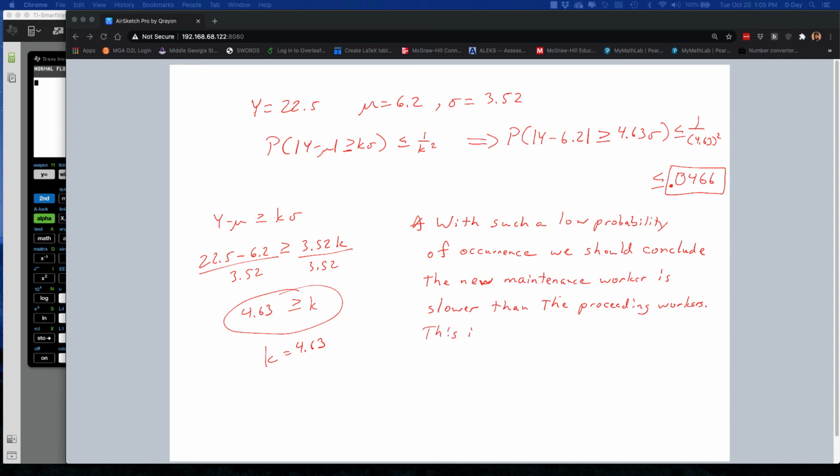And remember, this is based on our assumption that the distribution of maintenance times has not changed.